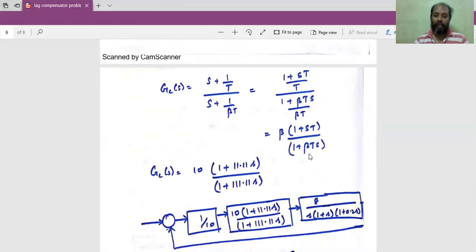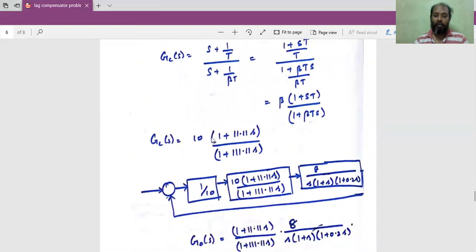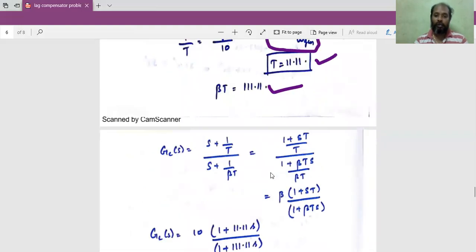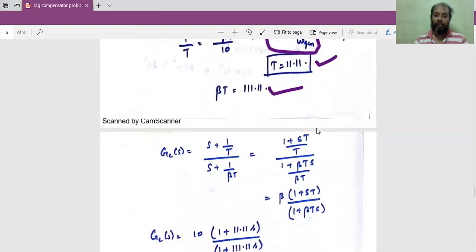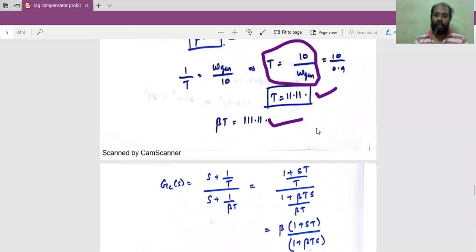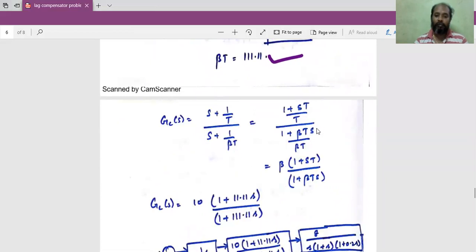Now you substitute that, take it to the formula of time constant. So you put your compensator in cascade. So it is 1 by T divided by 1 by beta T. So if you take this outside, I am getting 1 plus ST by 1 plus beta TS.